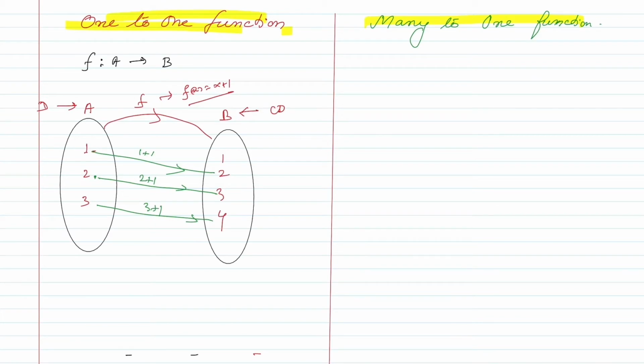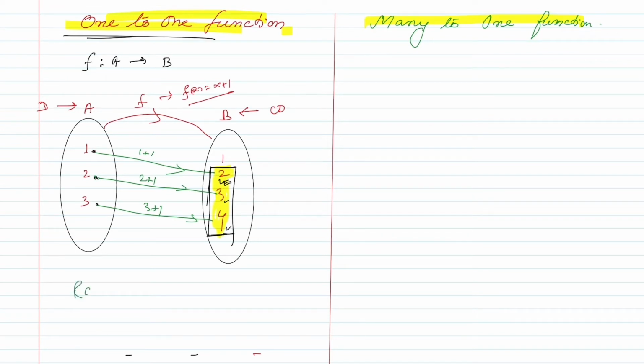Then 3 plus 1 is equal to 4, so 3 must be associated with 4. Here you see, in this case the elements in the codomain associated with the elements in the domain belong to the range. So 2, 3 and 4 belong to the range of this function.